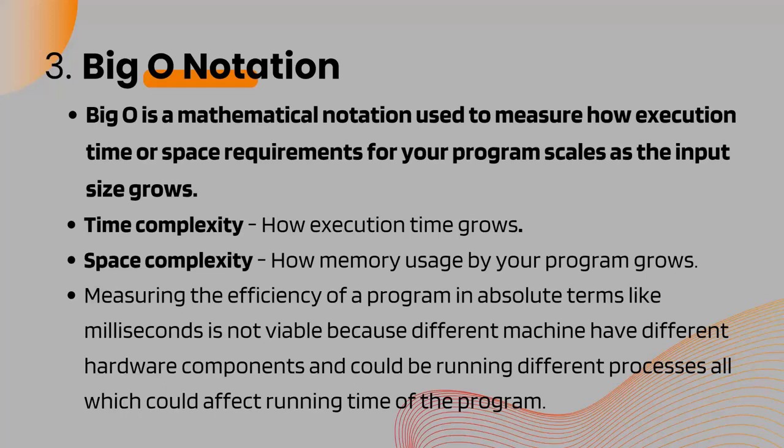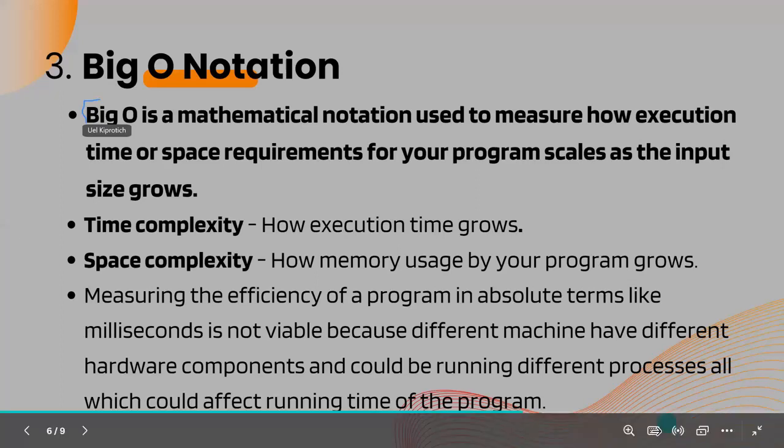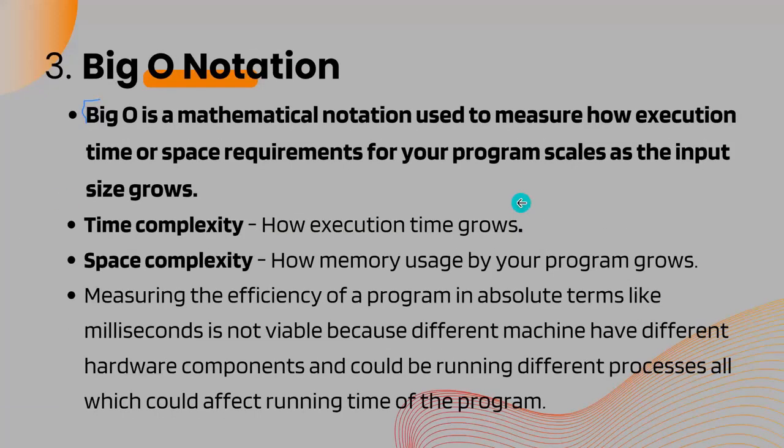Why can we not do that? Because of the hardware in your machine, the processors and all that, and also the other processes that are already running in your machine.